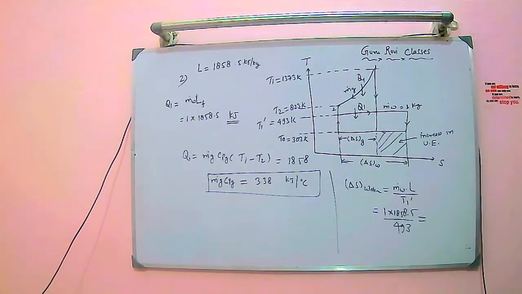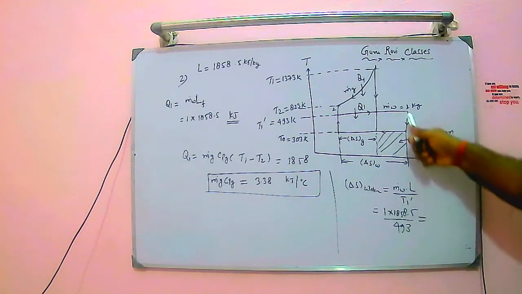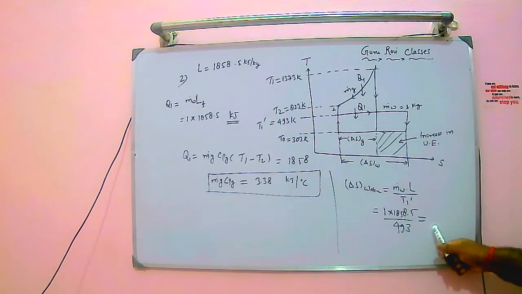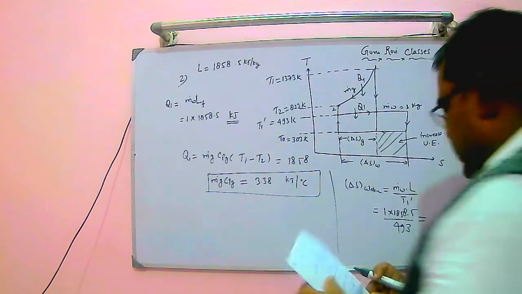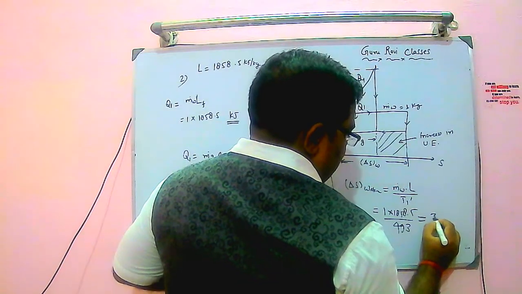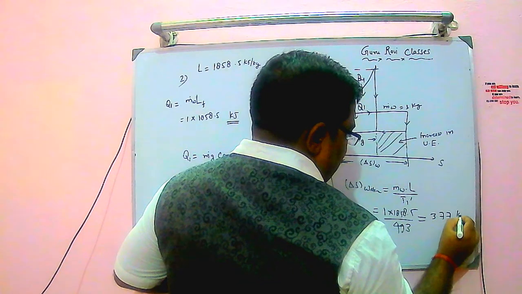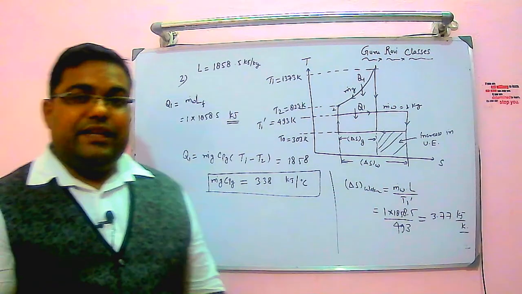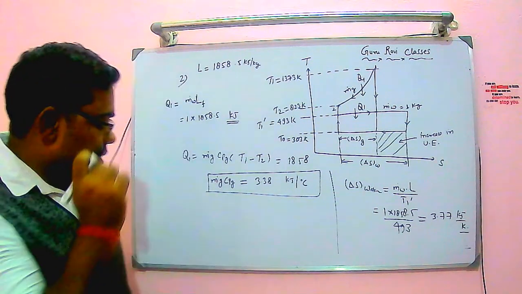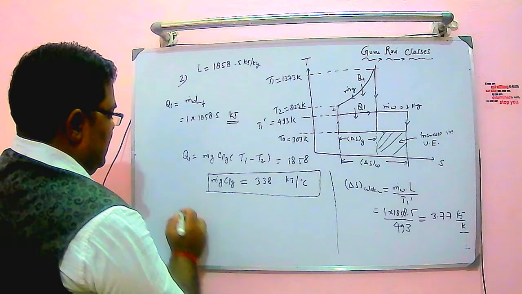This will give the change in entropy of water. This value is coming around 3.77 kilojoule per Kelvin. It is positive because the water is gaining heat.